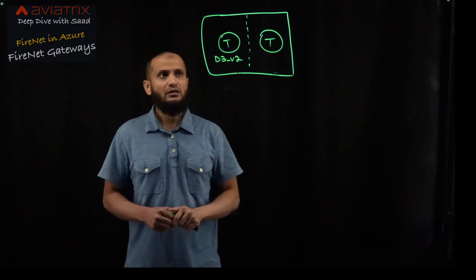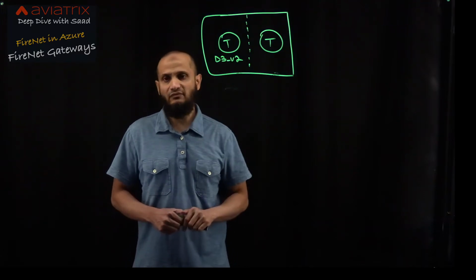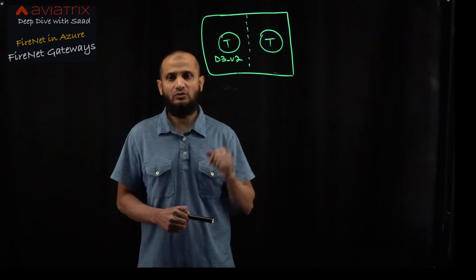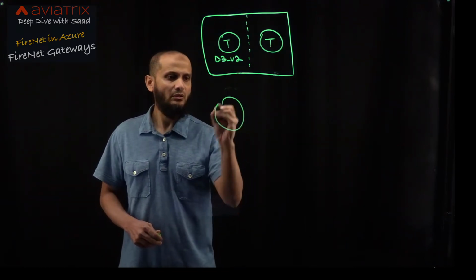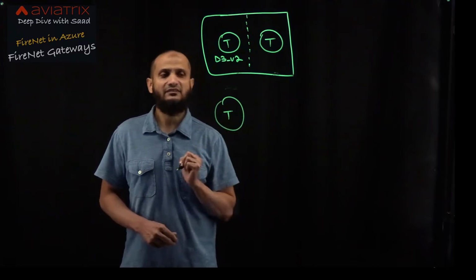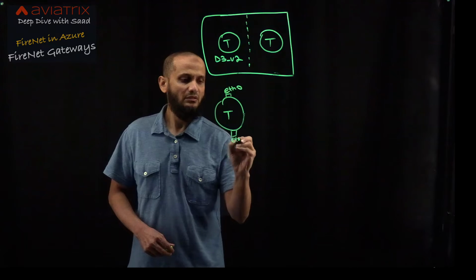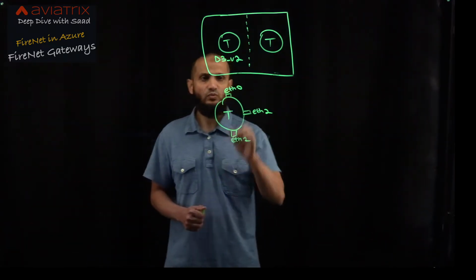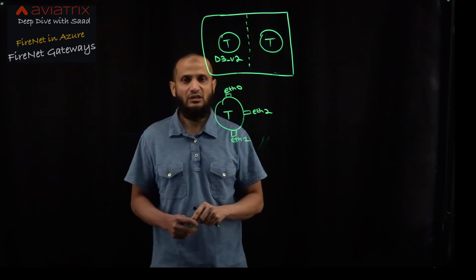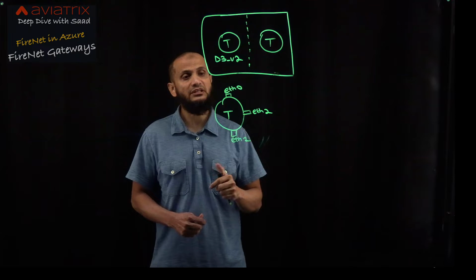We require at least 3 interfaces on the transit FireNet gateways. Let's talk about those 3 interfaces now. So this is the transit FireNet gateway. ETH0 is the management interface for all the internet traffic, including the controller traffic.